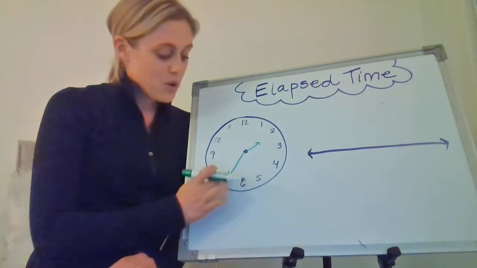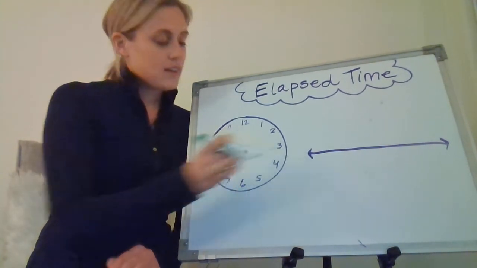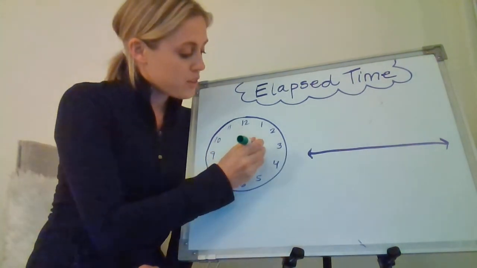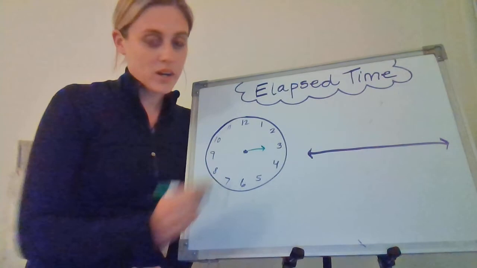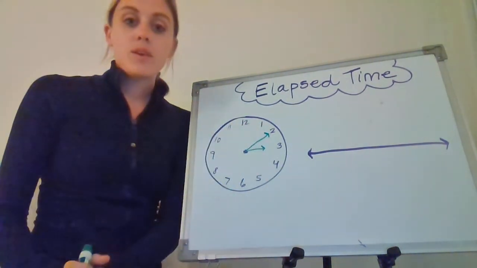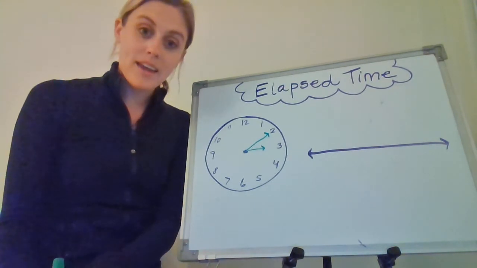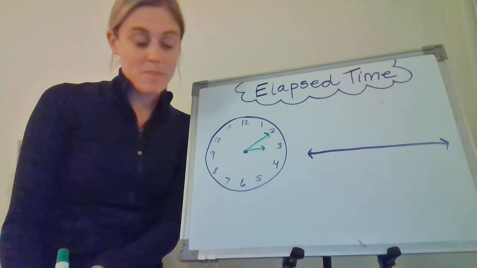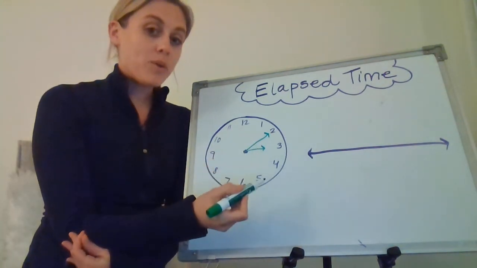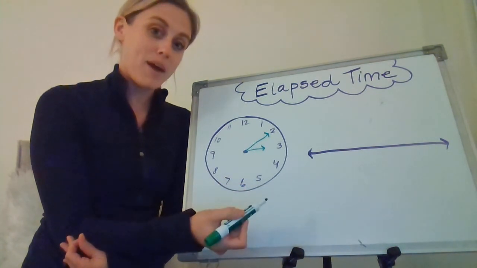All right, we're going to try another one using our clock. Let's say we're starting at 3:10, with the hour hand on the 3. At 3:10, you are going to go outside and go on a hike with your family. You went on the hike for 50 minutes, and that's when you came back.